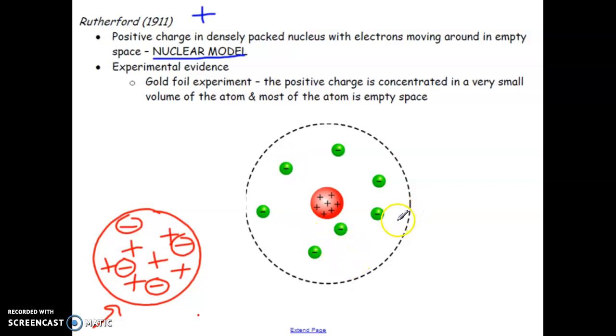Now, at this point, there's no real understanding of what those electrons are doing or how they are organized. Okay, so that's going to come a little bit later on. But we know that the nucleus is in the center, it's positive, and there are electrons around it.